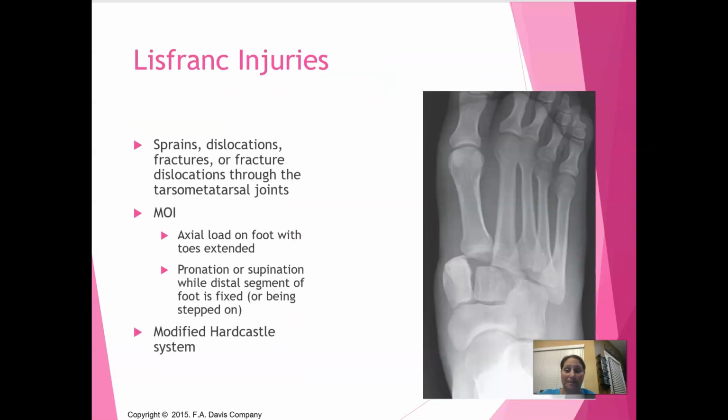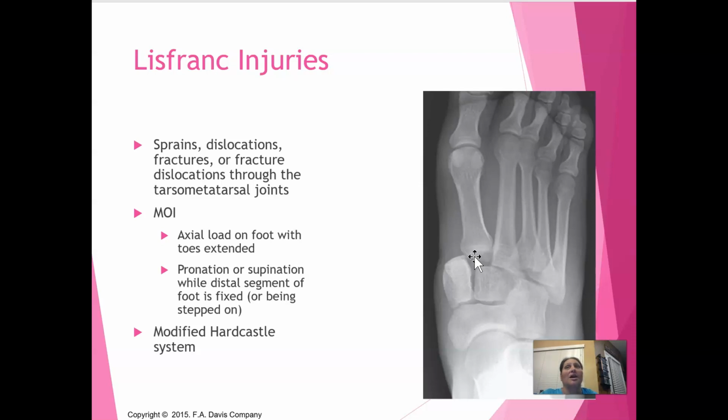Okay, getting into Lisfranc fractures or Lisfranc injuries. They can be sprains, dislocations, fractures, or fracture and dislocation, specifically within the tarsometatarsal joints. The MOI, mechanism of injury, is usually going to be an axial load on the foot with the toes extended.